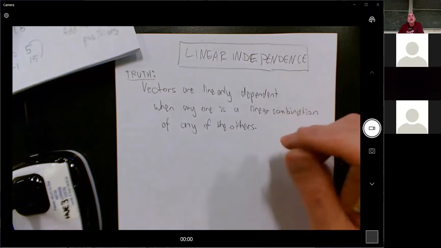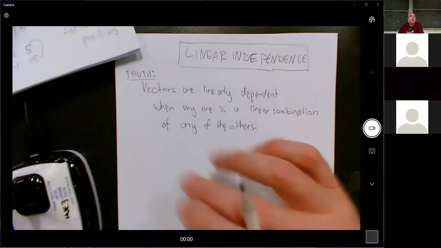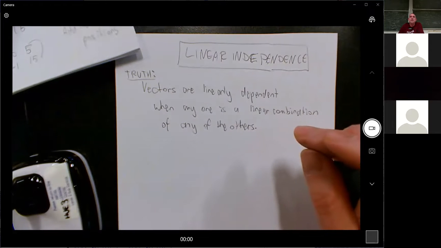So if you can get a list of vectors and you can look at it and know that one of them is a linear combination of any of the others, then it's definitely linearly dependent.